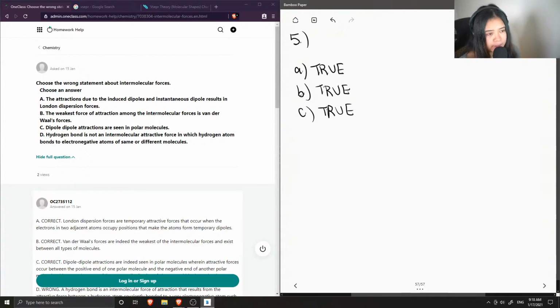So let's have an example of dipole-dipole attractions. So let's say we had a water molecule.